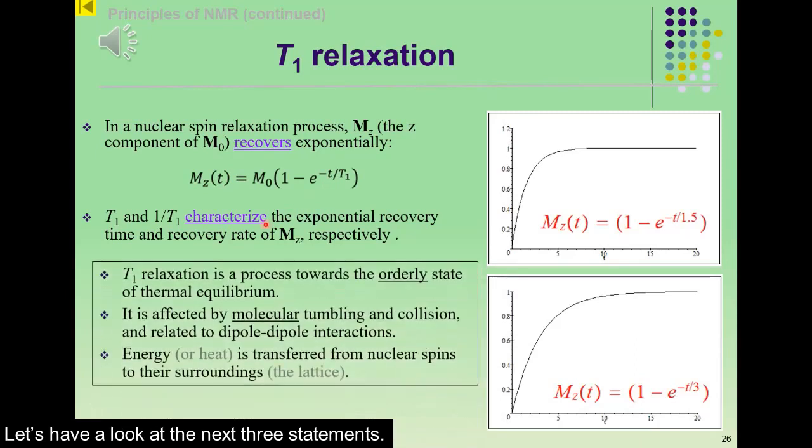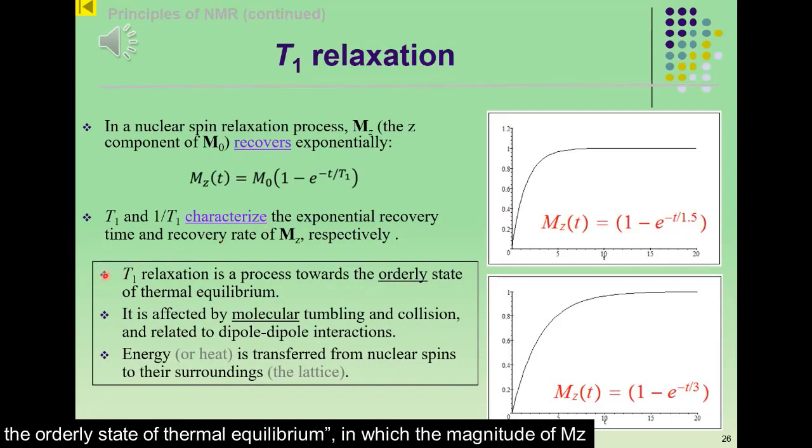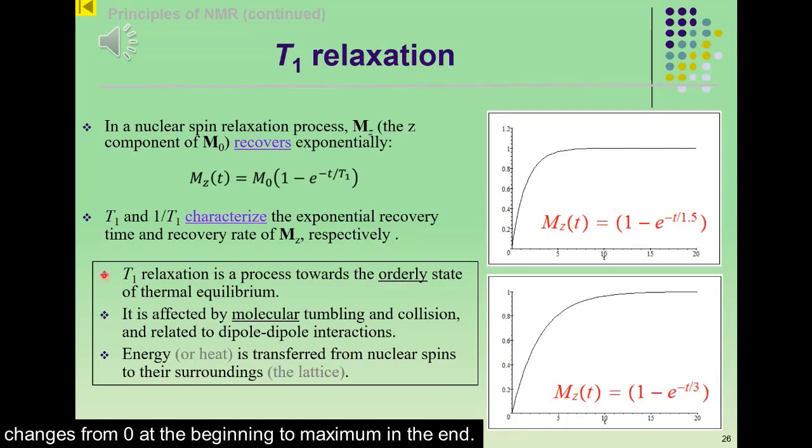Let's have a look at the next three statements. The first statement says that T1 relaxation is a process towards the orderly state of thermal equilibrium, in which the magnitude of Mz changes from 0 at the beginning to maximum in the end.